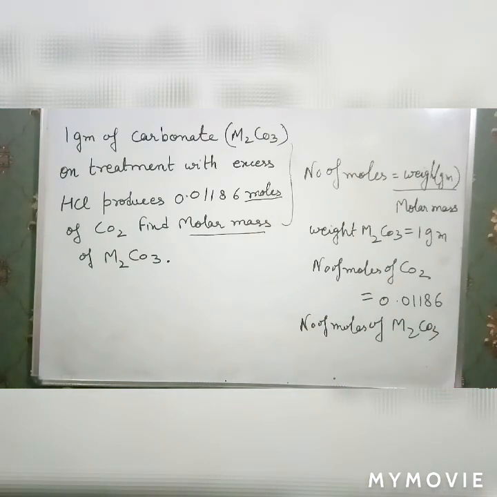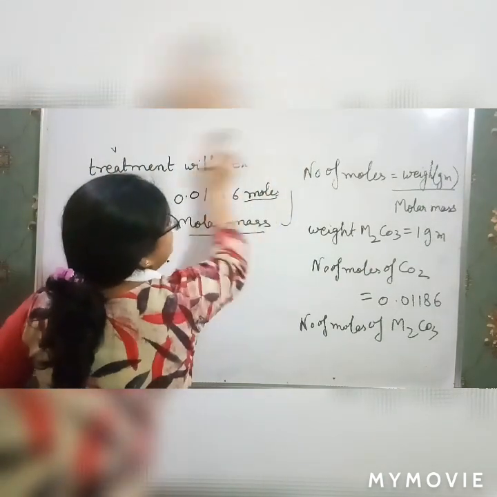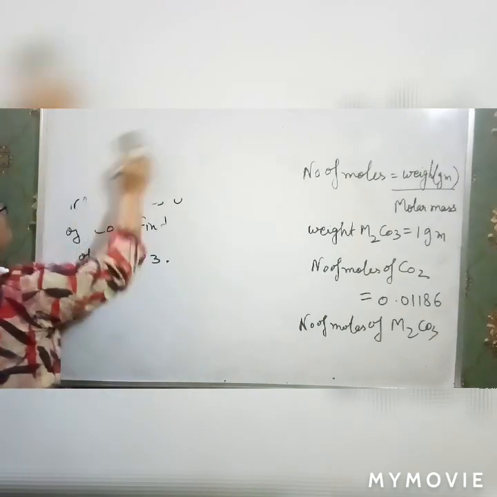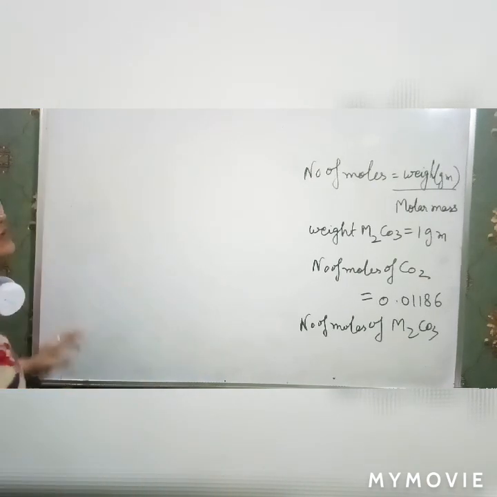If we observe the question carefully, we find that weight of CO2 is not given, but weight of M2CO3 is given, and moles of CO2 is given, but moles of M2CO3 is not given. Then how will we find the molar mass?